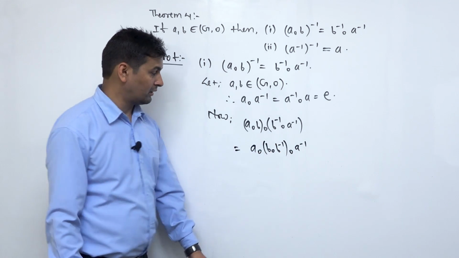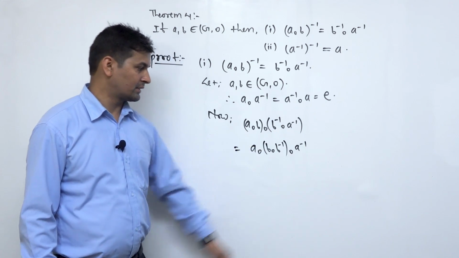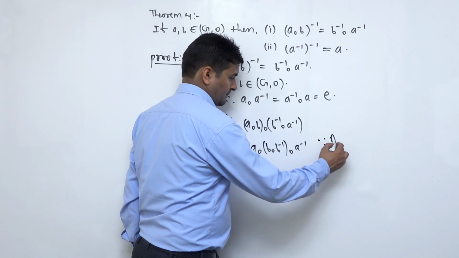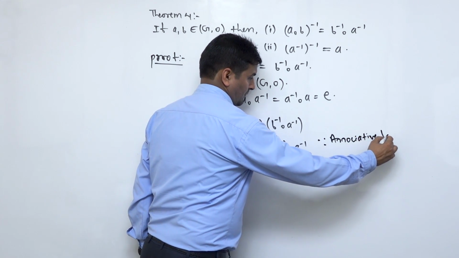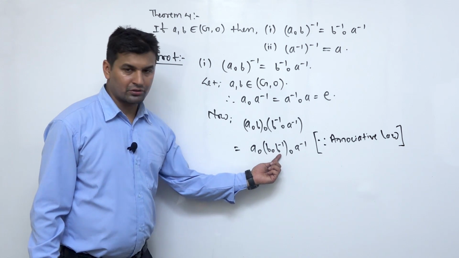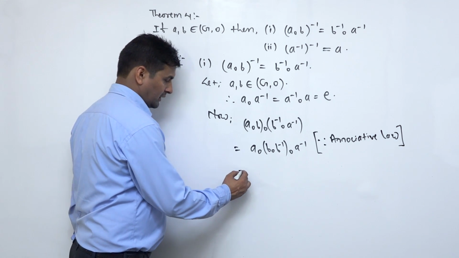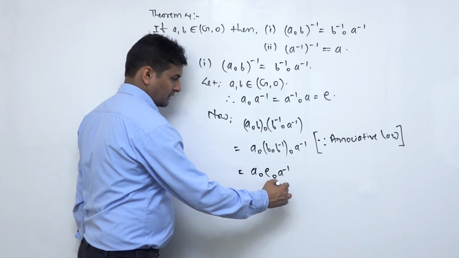This is the associative law. a ∘ (b ∘ b inverse ∘ a inverse) as it is, associative law. Now b ∘ b inverse equals e, so a ∘ e ∘ a inverse.